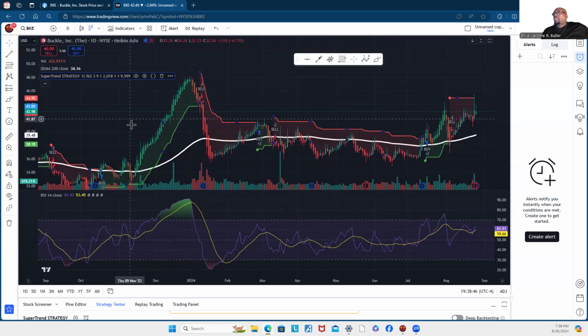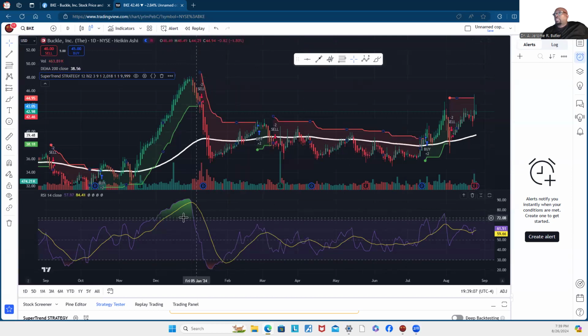Everything that's above our white line, or 200-day moving average, is going to be a buy for us. When it falls below the white line or is headed towards the white line, that's a sell.